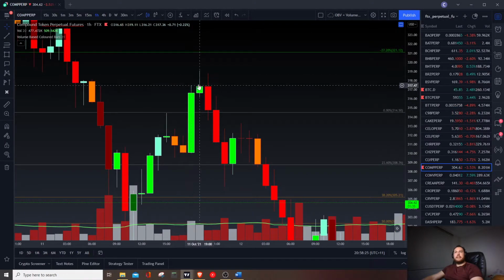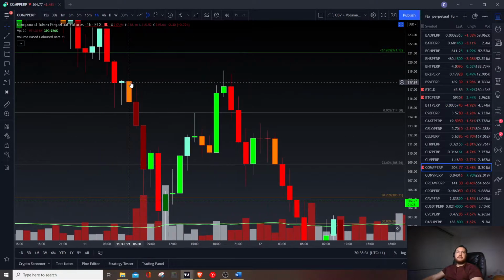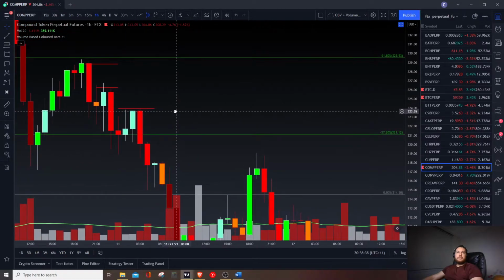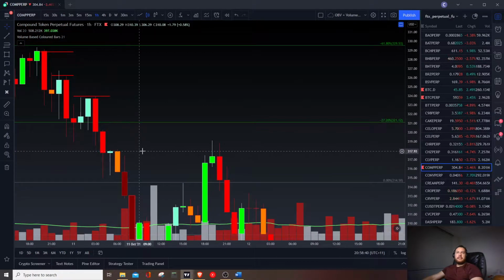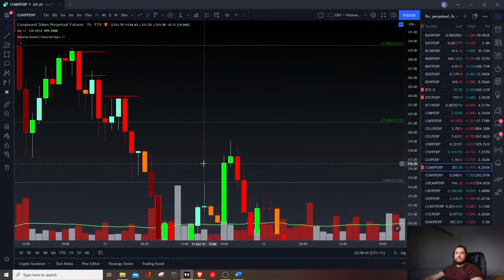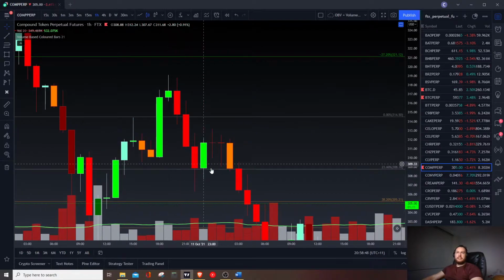So then we come back here, and we've got an inverted hammer, lower volume at a distribution zone, and resistance here. A supply zone, potential supply, and down it goes again.